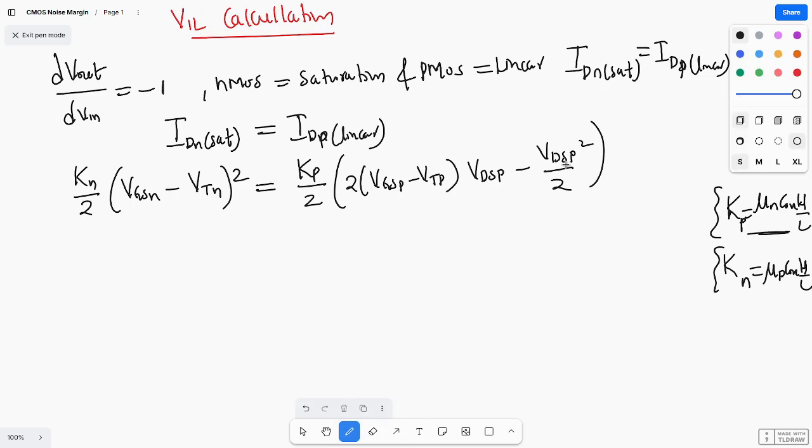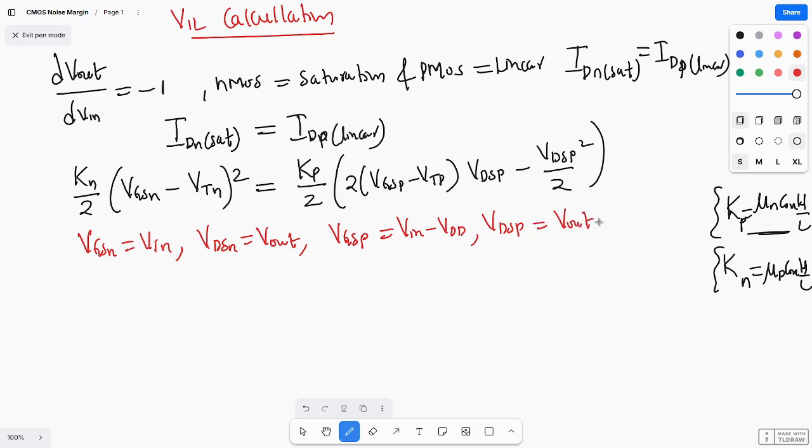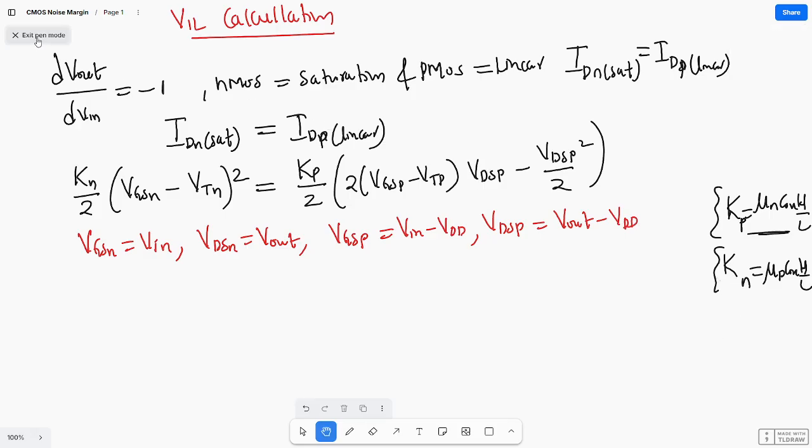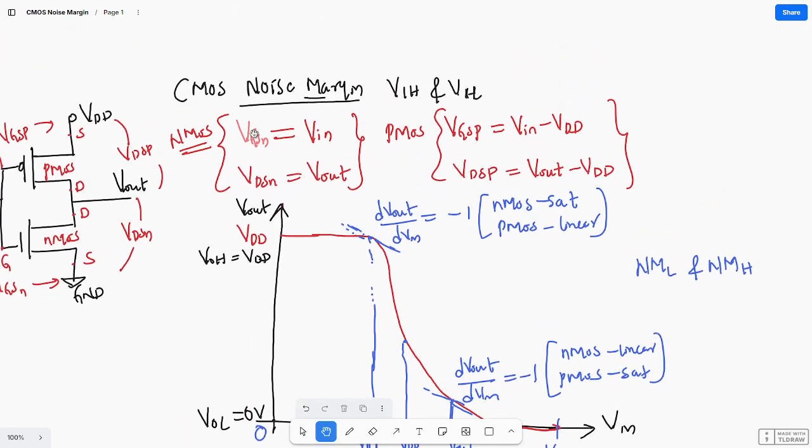VGSN equal to Vin, and VDSN equal to Vout. VGSP equal to Vin minus VDD, and VDSP equal to Vout minus VDD. Previously, whatever from the CMOS circuit, I am using this.